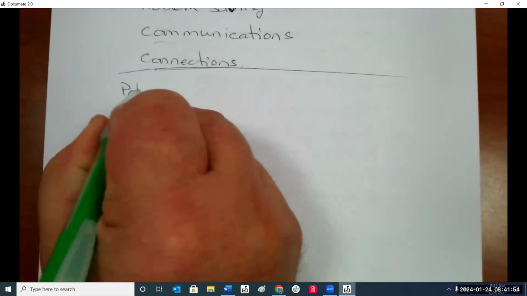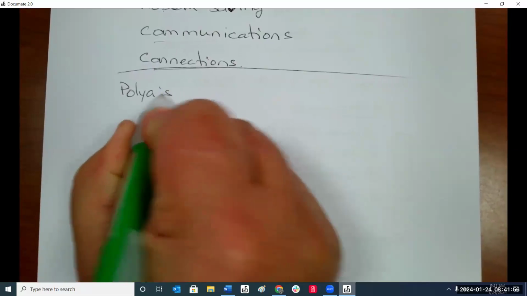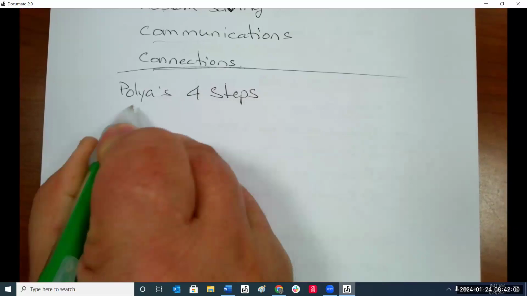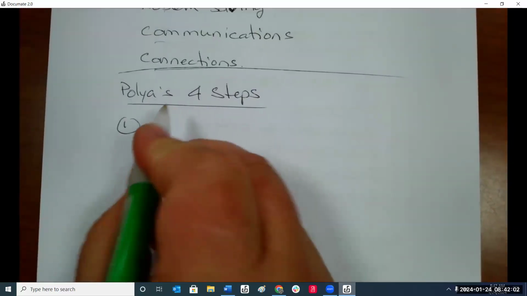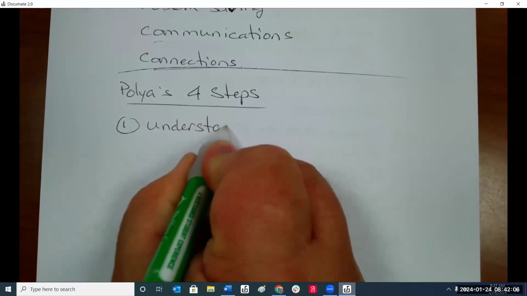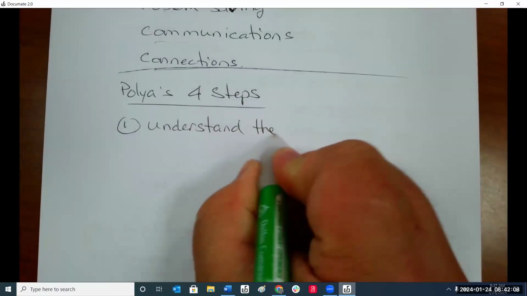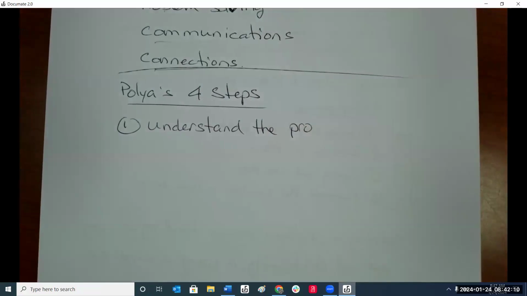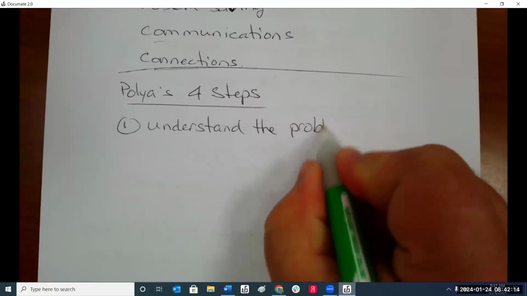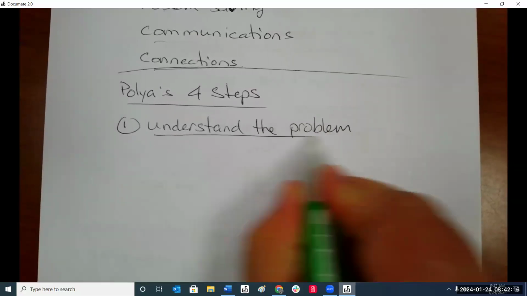Let me go to these. The 4 steps of Polya. The first step is understand the problem. What's that? Now, what are some examples of that?